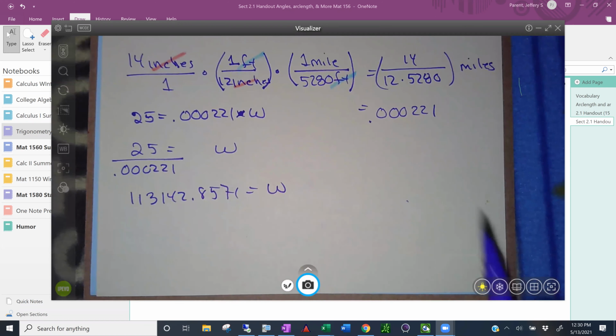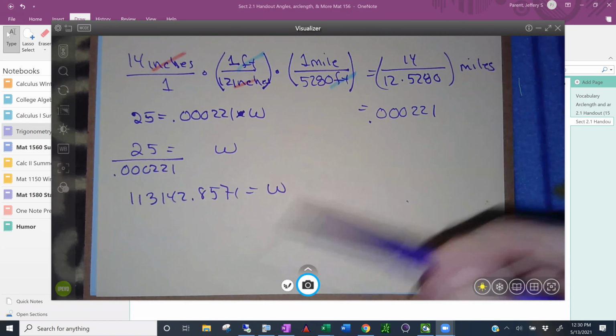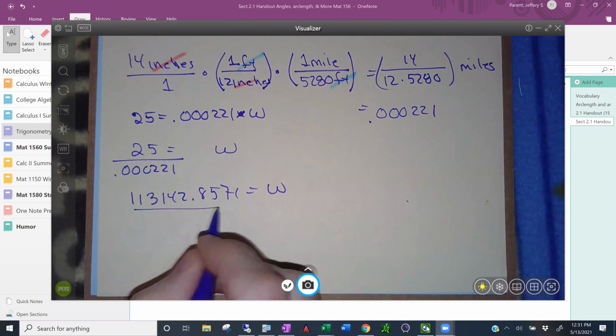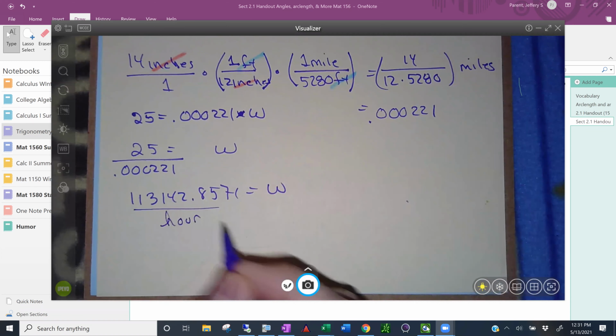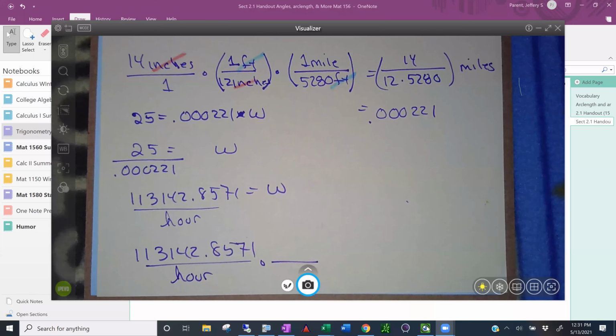But if you remember, that's going to be how much change you get per hour. So there's a couple things wrong with that. The problem was asking you for revolutions per minute. So if I wanted to convert this to minutes, or angles per minute, I'm again going to play this game of multiplying by 1.